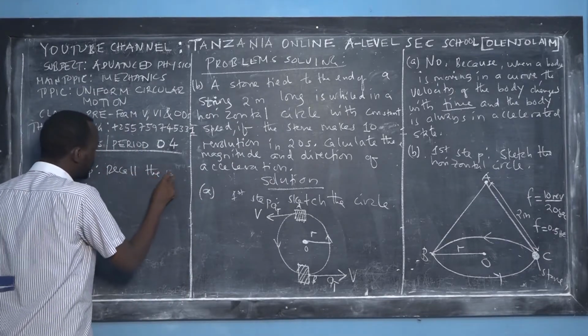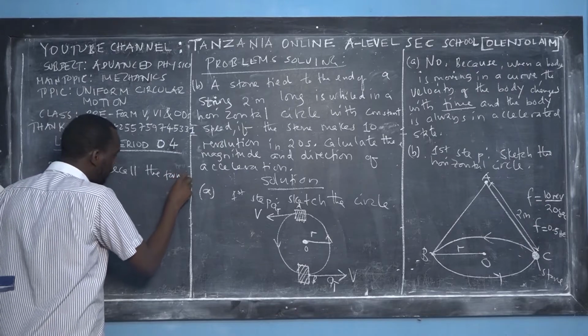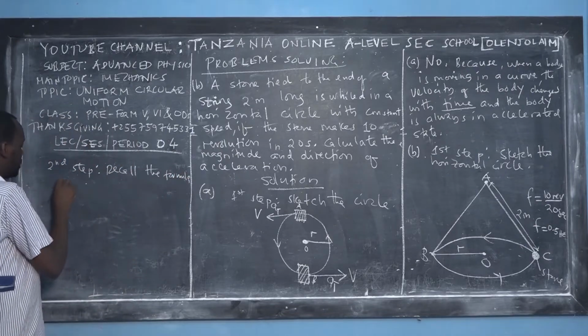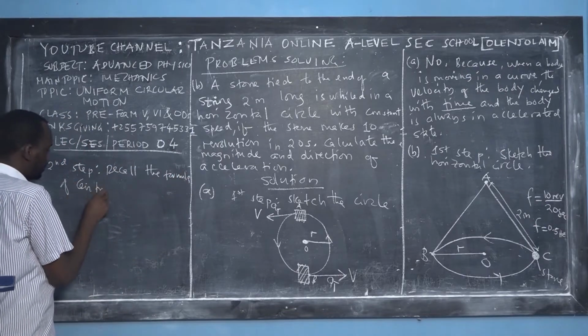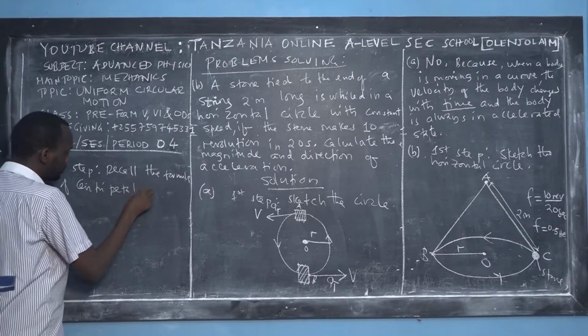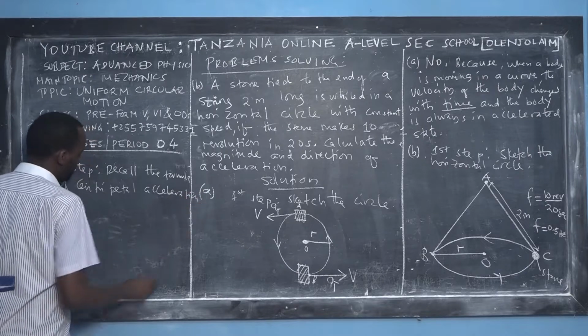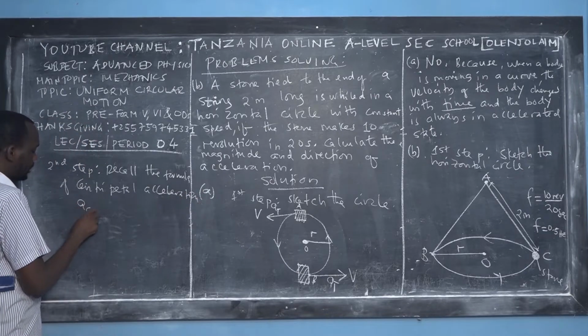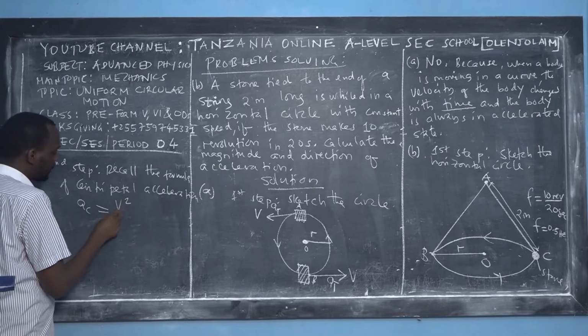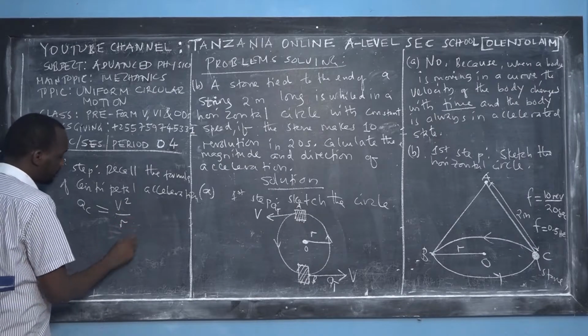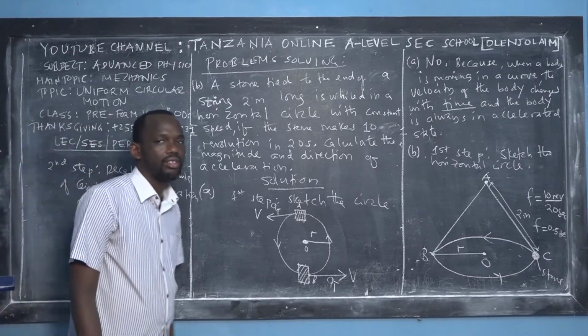I taught you 3 formulas of centripetal acceleration. The centripetal acceleration is given as the square of the linear velocity over the radius of the circle, r.